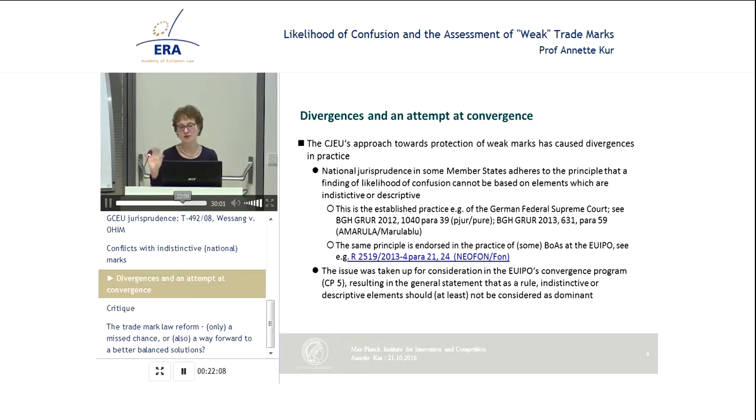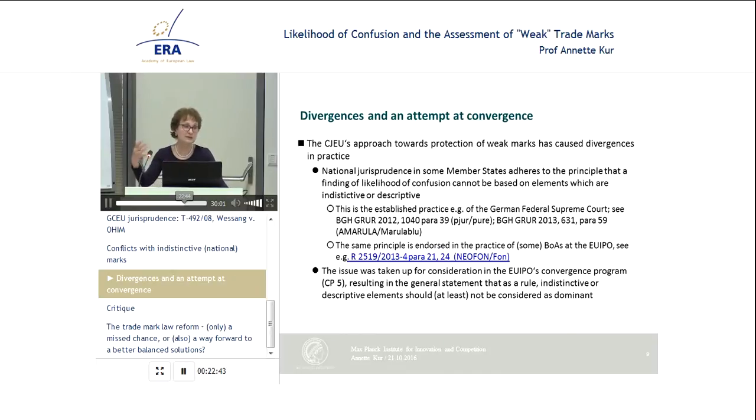But it was also registered as a figurative mark in the EU, and then they opposed the application for N Phone, and here the Board of Appeal said, well, phone basically is completely descriptive, and the coincidence of the sign is just in this element phone, so we cannot possibly base the finding of likelihood of confusion on that coincidence.